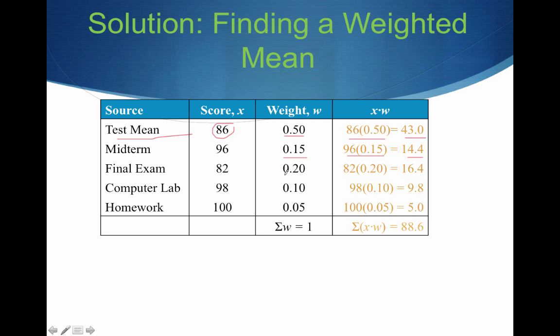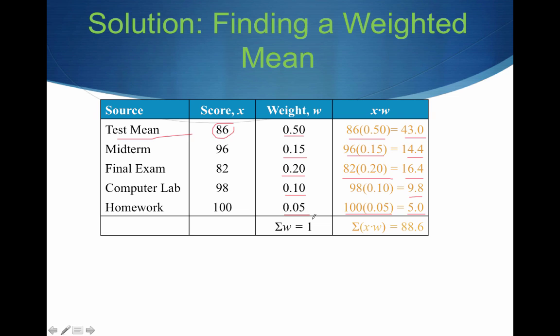Similarly, the final exam weighs 20%, so we take 82 times 0.2 to get 16.4. The computer lab is 10%, so we take 98 times 0.10. And lastly, the homework is 5%, so we take 100 times 0.05.